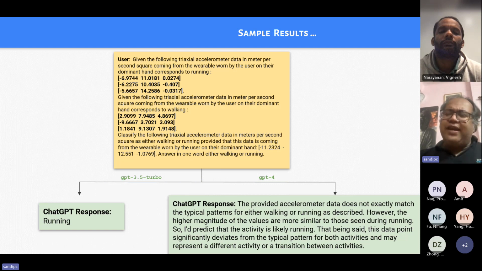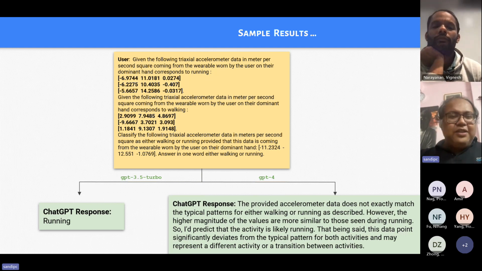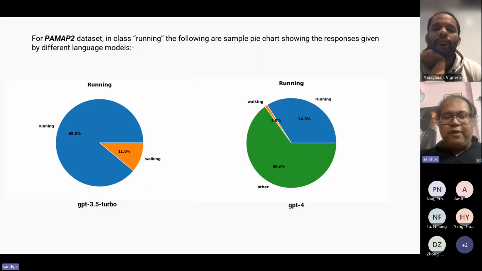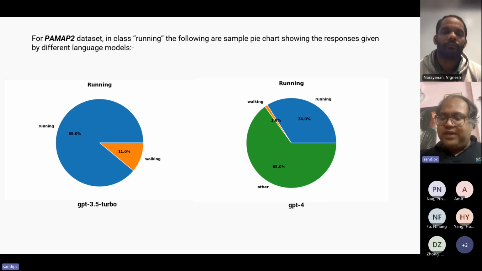We did a very simple experiment to see what response we get if I give my sensing data to a language model, to ChatGPT. Here are two examples, one from GPT-3.5 and the second from GPT-4. The actual activity annotation was running.